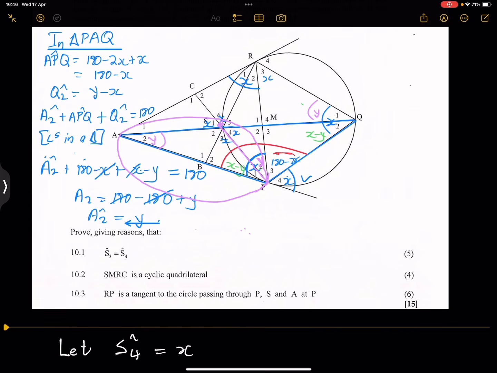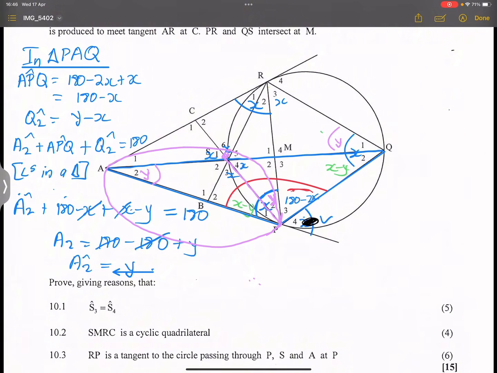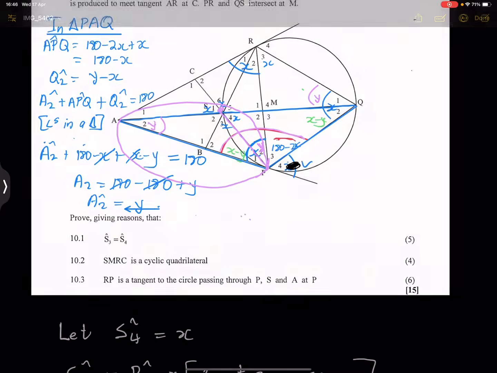So now, in triangle APQ, right? So we said the angle APQ would be equal to 180 minus x. Remember, we said this angle here is equal to x. So this entire angle would be equal to 180 minus x. That's angles on a straight line, right?